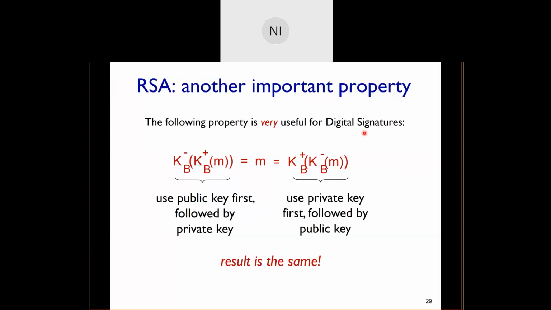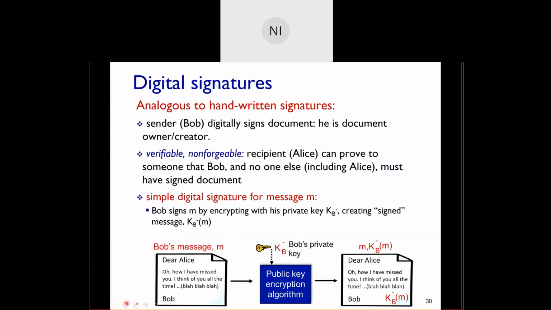Here the idea is, as I was mentioning, data integrity and guaranteeing authenticity of the message along with non-repudiation guarantees. Let's look at this example. Bob wants to send a secret message, like a love letter, to Alice.